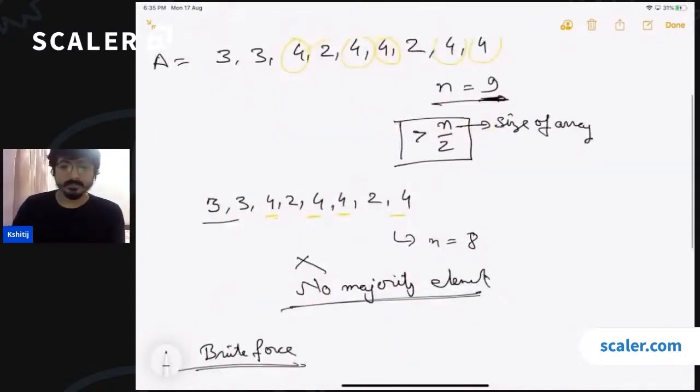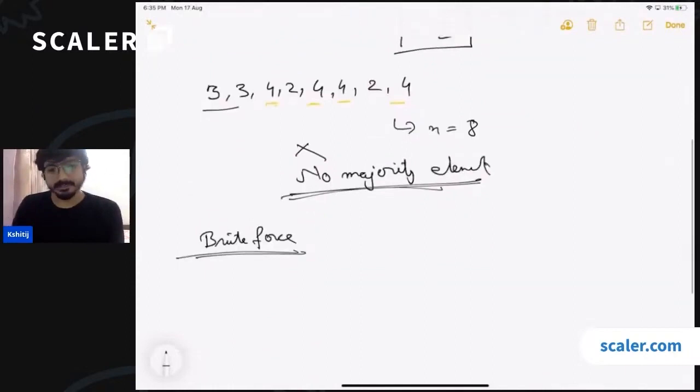It is possible that there is no majority element in the array, because there might be no element which occurs more than n by 2 times, right? So the brute force way to solve this problem, as proposed by Sai, is that you run 2 loops, and for every element you check the count of that element in the array.